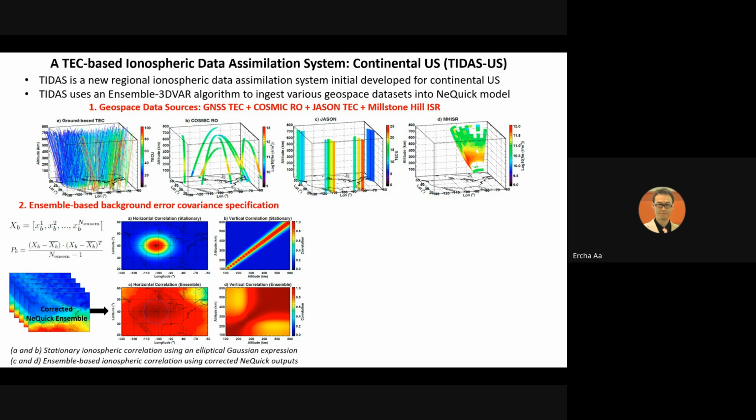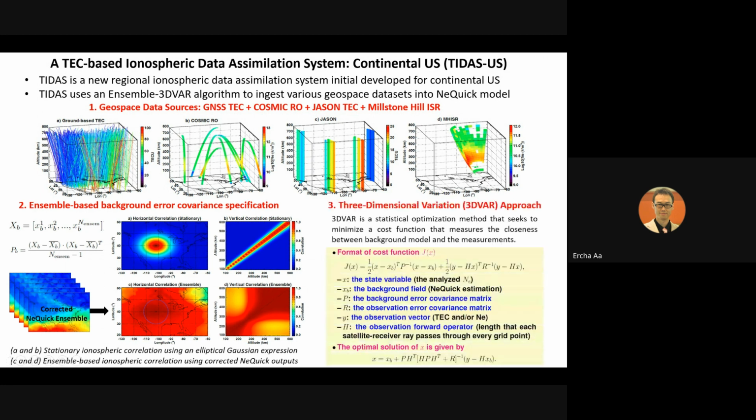You run the background model 100 times, and you use the ensemble to calculate the background error covariance. That's exactly the same procedure which I used here. After we do the background ensemble runs, we calculate these horizontal and vertical correlations. You can see they are anisotropic with some variations. So this provides a better specification of the background error covariance.